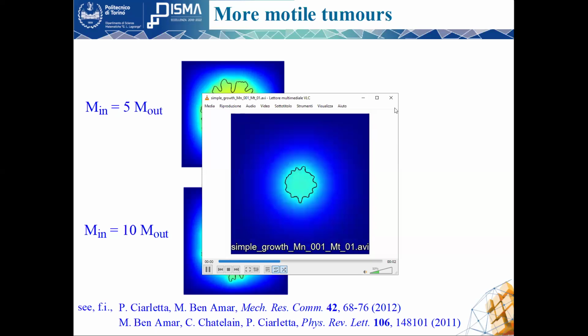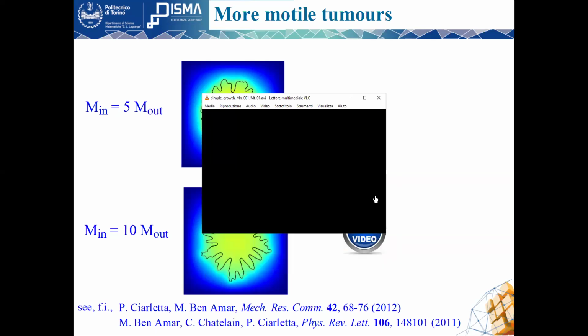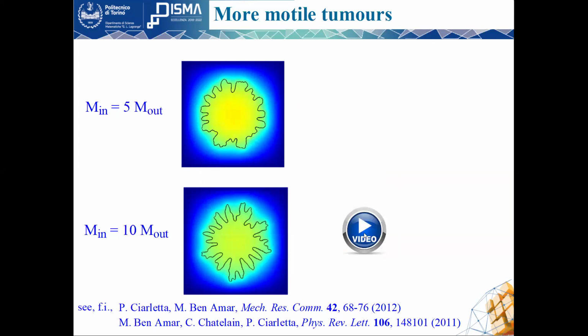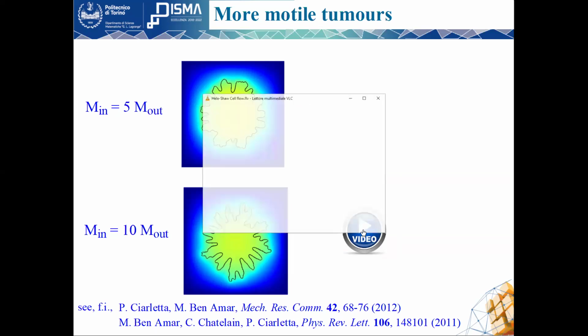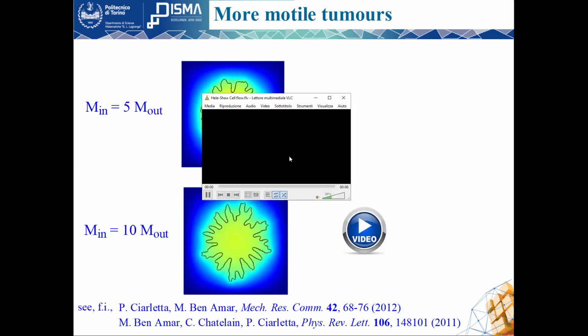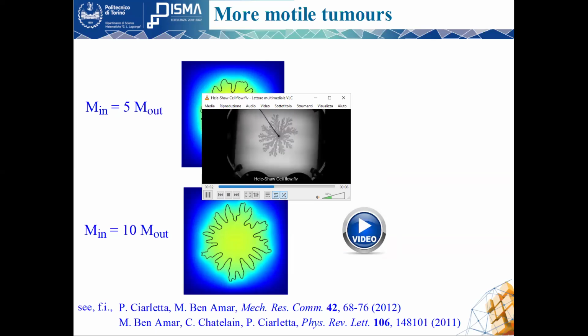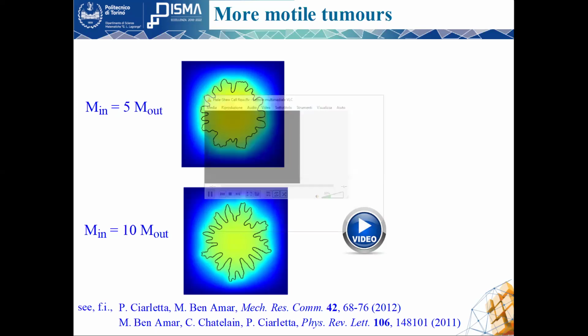It is called Hele-Shaw instability, and there are also some physical experiments that show that the principle is more or less the same, in the sense that you are injecting a less viscous fluid into a more viscous fluid. So the more viscous fluid is less motile, and the less viscous fluid is more motile. And you have the formation of these fingers, this almost fractal structure.